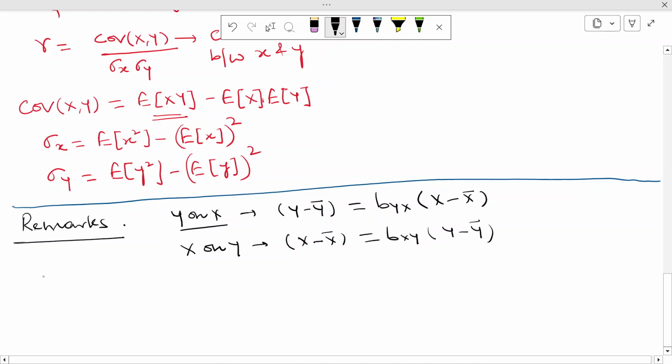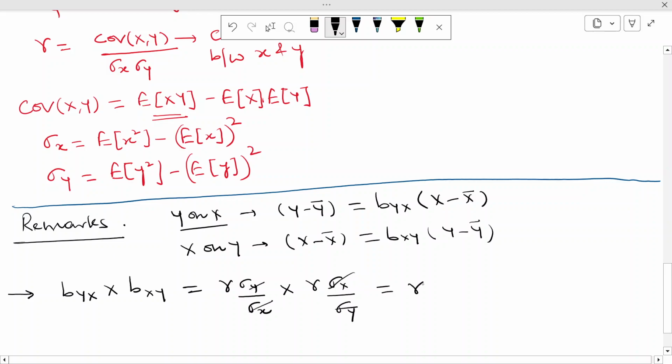Now further, if you multiply the two regression coefficients, you have r times sigma y over sigma x, which is the value of byx, multiplied by r times sigma x over sigma y, which is the value of bxy, and you can see that they cancel out and you get r square.